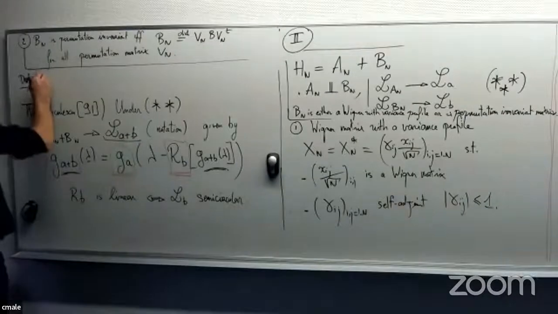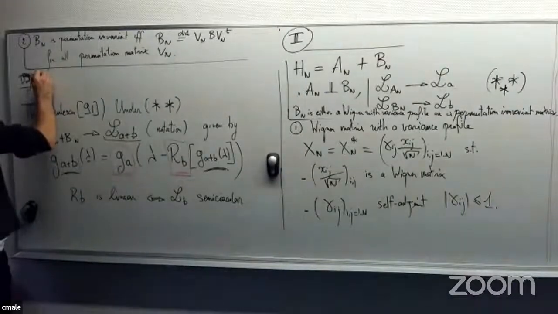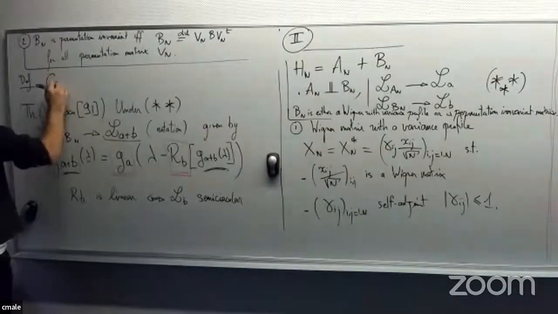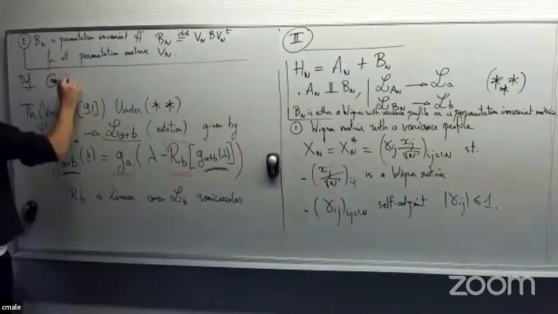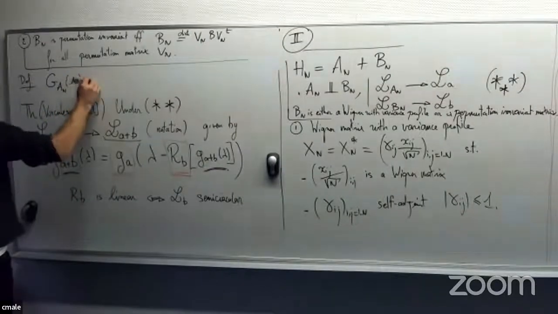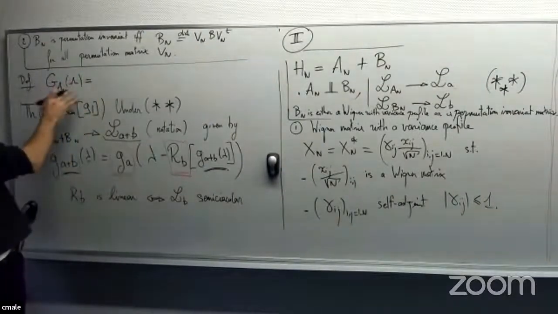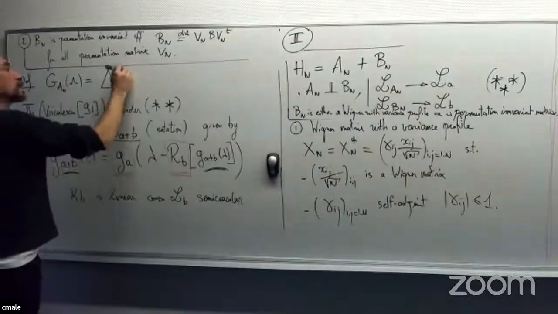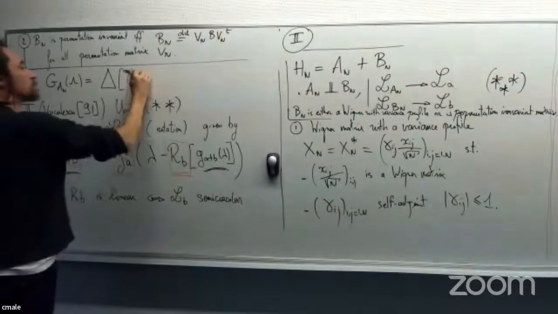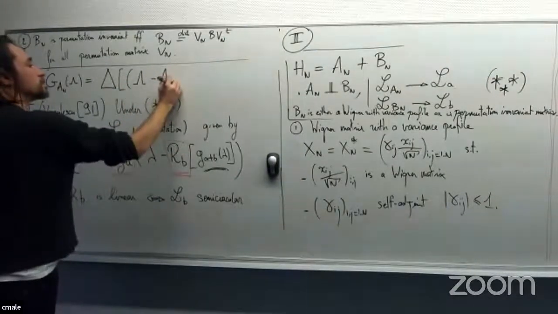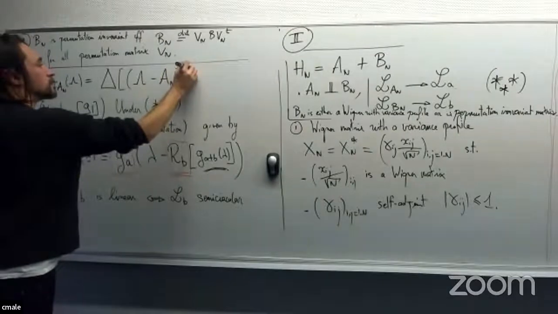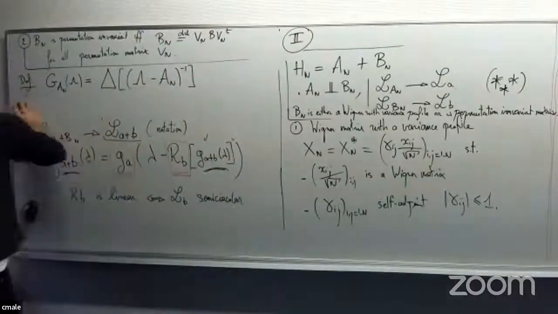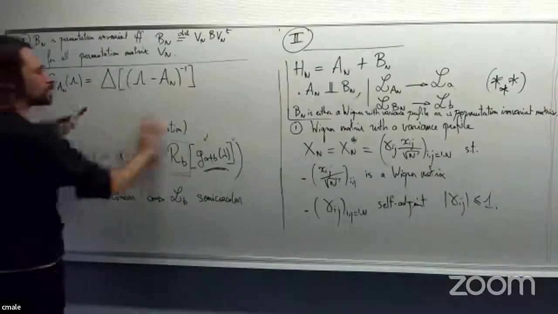I introduce, for a matrix A_n, the operator G_{A_n}(Lambda), which is somehow an extension of the Stieltjes transform, and I denote it like this. And there are two symbols that I must define here, the symbol Delta and the symbol Lambda.